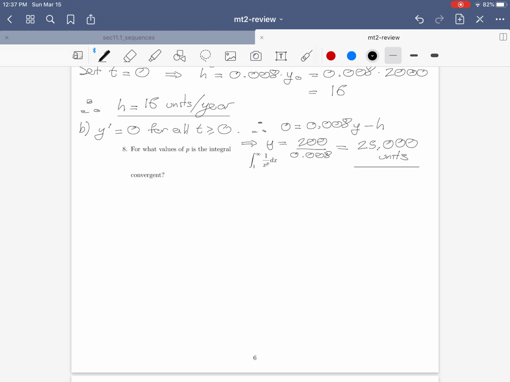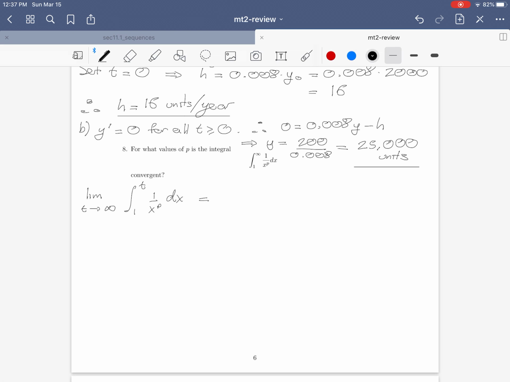So the procedure is exactly the same for this integral. We write it as the limit as t tends to infinity of the integral of 1 over x to the p dx from x equals 1 to x equals t.